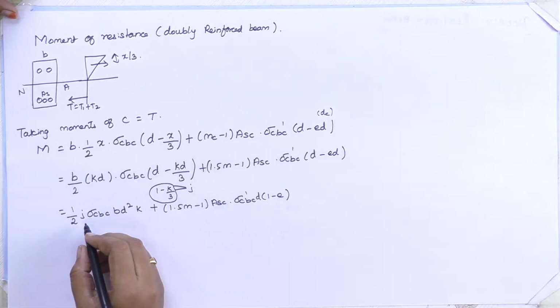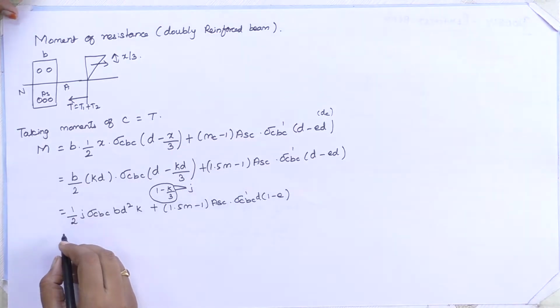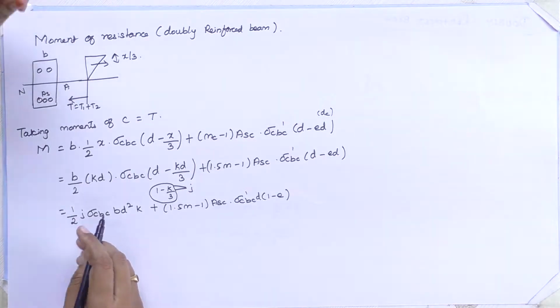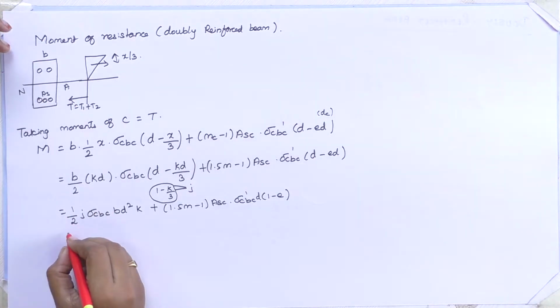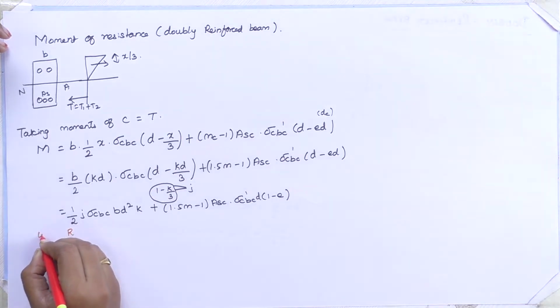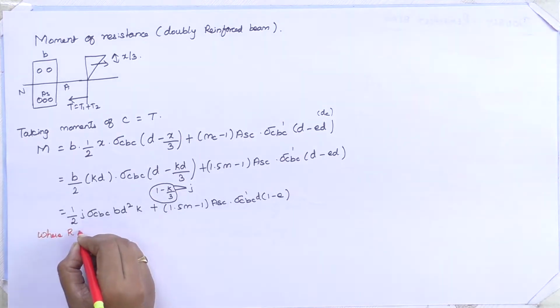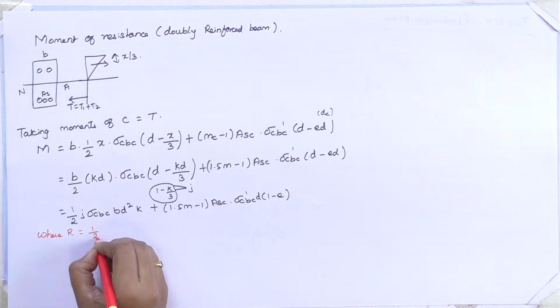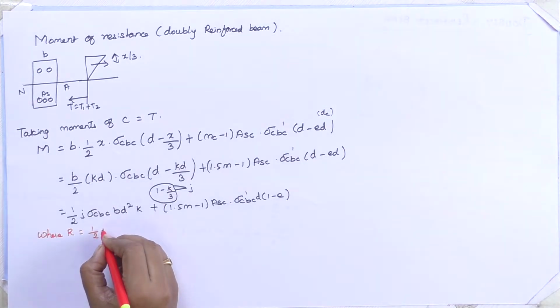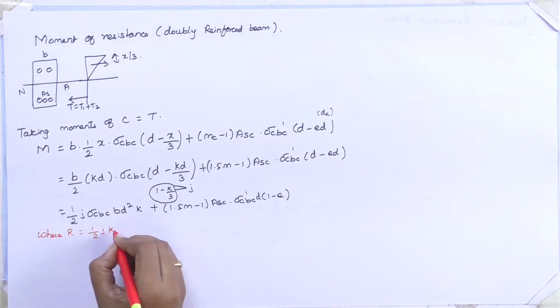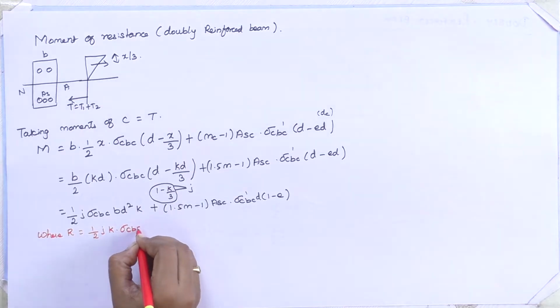Now from this value we can write R, the moment of resistance coefficient, where R is equal to half j k into sigma CBC.